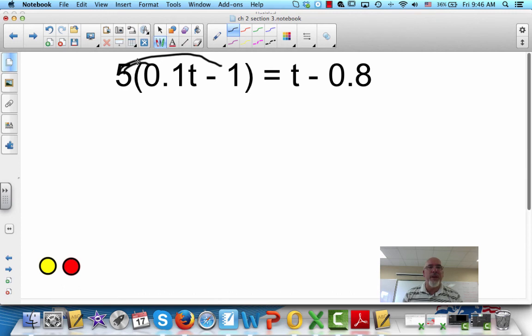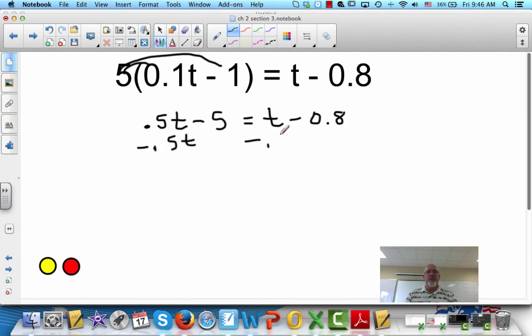Okay, so we go 5 times 0.1 and that gives us 0.5t. 5 times negative 1 gives me negative 5 equals t minus 0.8. We want the t's to be on the same side, so let's go minus 0.5t, minus 0.5t.